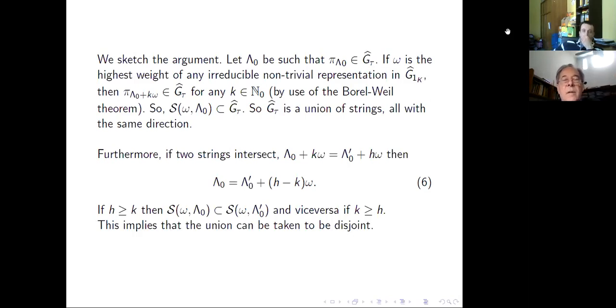If we assume two strings intersect, then we have lambda naught plus k omega equal to lambda naught prime plus h omega. Then we can write either lambda naught or lambda prime naught in terms of the other. So one of the strings contains the other, and we can get rid of one of them. So we can make this disjoint.